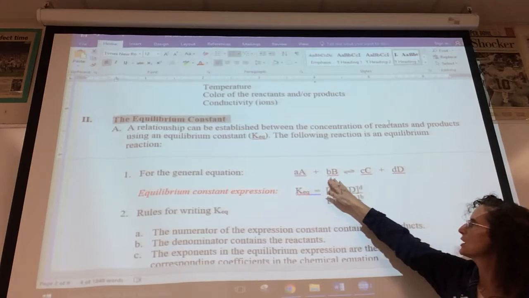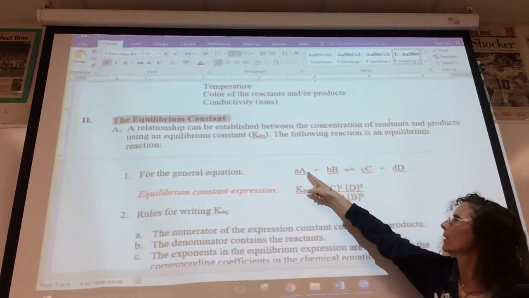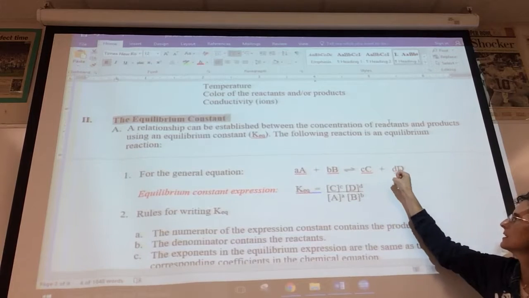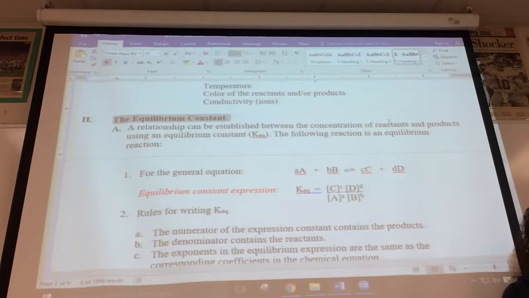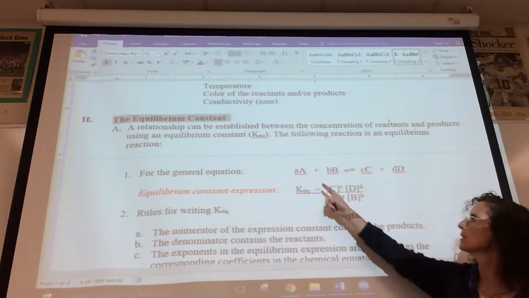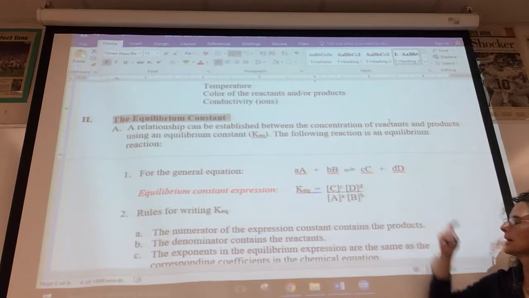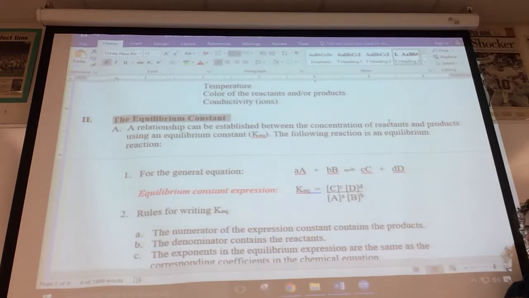If you have this general equation where A and B are reactants, C and D are products, just like you saw in the previous two chapters, the lowercase letters again represent the stoichiometric coefficients.